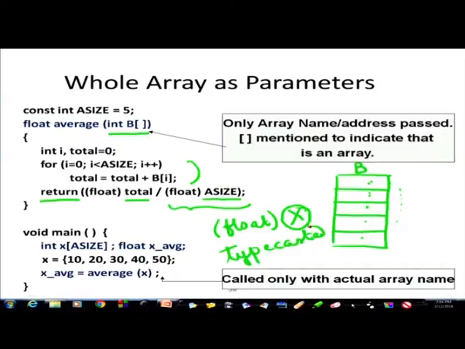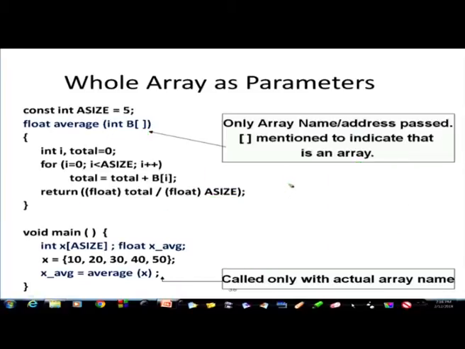So, if it was 5 suppose, then float a size will make it 5.0, and suppose the array was 1, 2, 0, 4, 5.